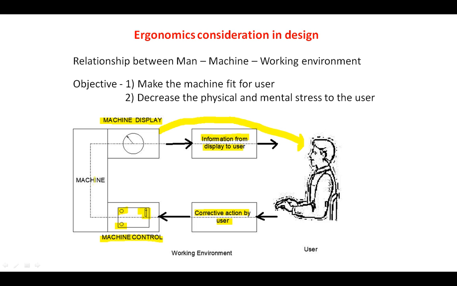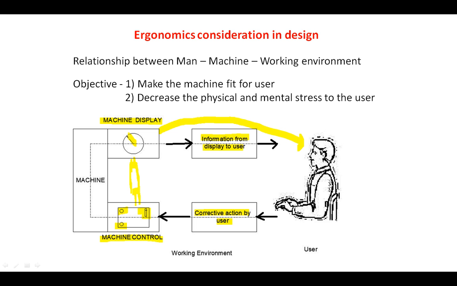Take any example. In the case of a universal testing machine, suppose we are conducting a tensile test. Here is a workpiece and we are conducting a tensile test. On the display, the applied force will be displayed. This may be a digital or analog or any other display. So a user will see how much force is applied to the specimen being tested.